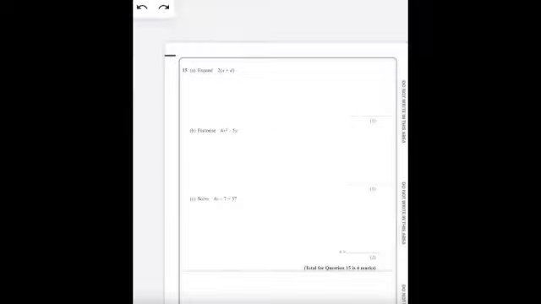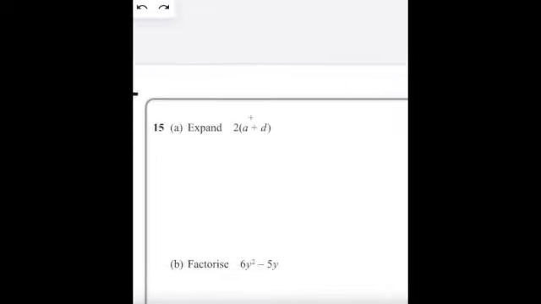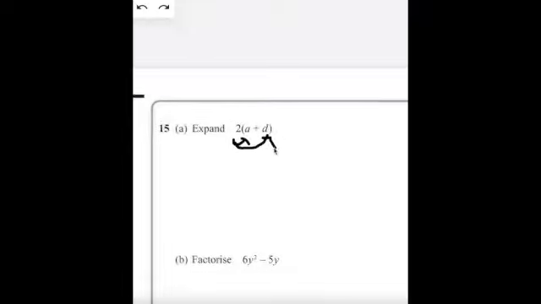Then with this expanding, you've got 2 times the bracket a plus d, so 2 on the outside. Any expanding, I do have a video on this. You do 2 times a, 2 times d, so it's 2a plus 2d.